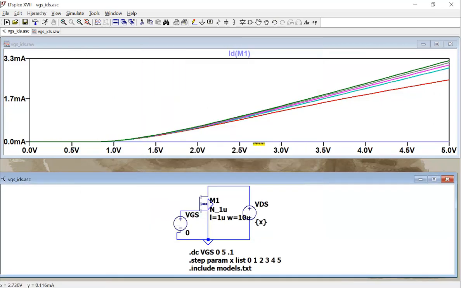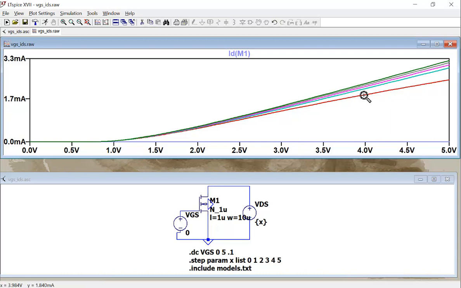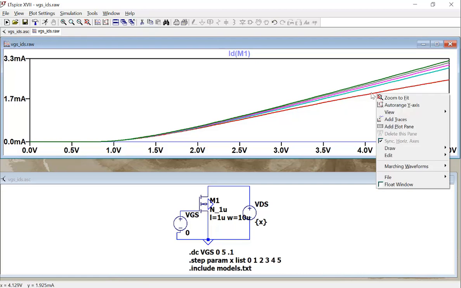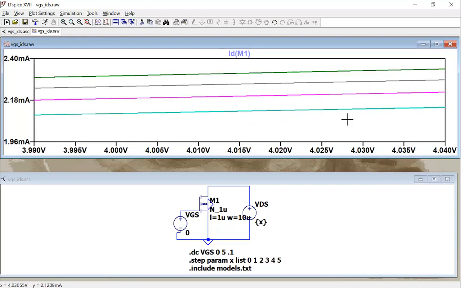That's why it's trying to avoid it, I think. Anyway, I don't think there's another way to tell which one is which, or adding a label to it. I don't think LTspice can do that. But you should be able to tell which one is which. So you know 5 volts should be on the left.